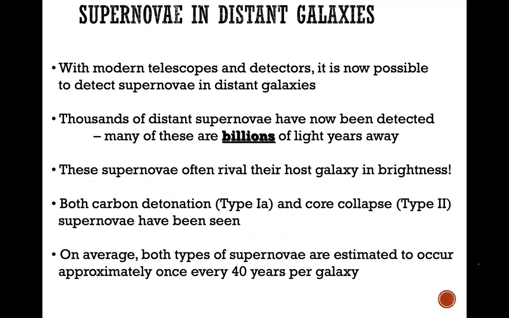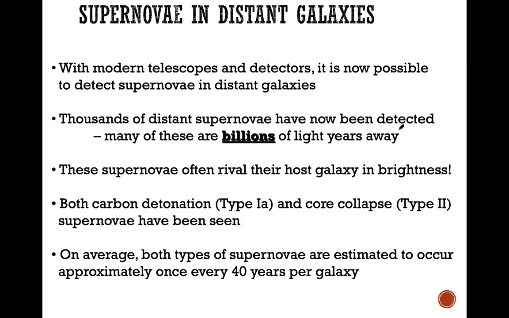So let's see whether we have detected any supernovas in distant galaxies. With modern telescopes and detectors, it is now possible to detect supernovas in galaxies that are very far away, right? Thousands of distant supernovas have now been detected, and many of these are billions of light years away. The previous one that we talked about, even though it is 11.5 million light years away, compared to the scale of the universe, is still a close one, right?